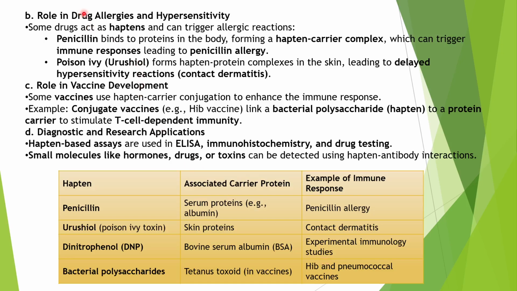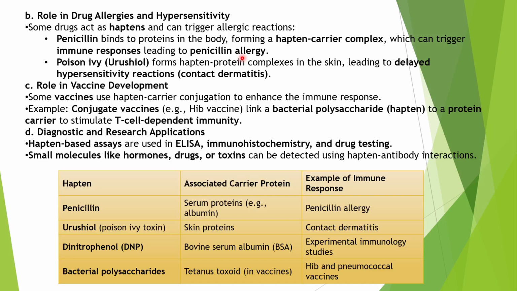Role in drug allergies and hypersensitivity. Some drugs can also act as haptens and trigger allergic reactions. For example, penicillin binds to proteins in the body, forming a hapten carrier complex, which can trigger an immune response leading to penicillin allergy.